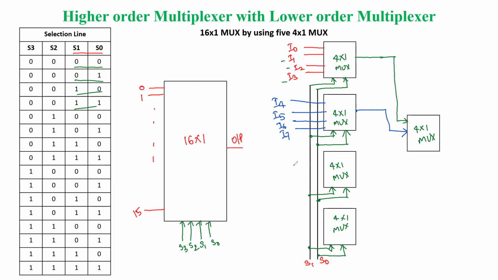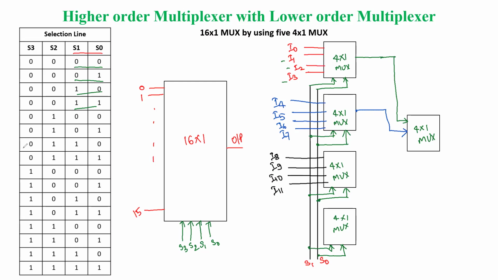Again, for the third multiplexer at the first stage, we'll have 4 inputs. Those inputs we are going to write here as I8, this is I9, next we have I10, next we have I11. A similar operation for this multiplexer is going to take place.